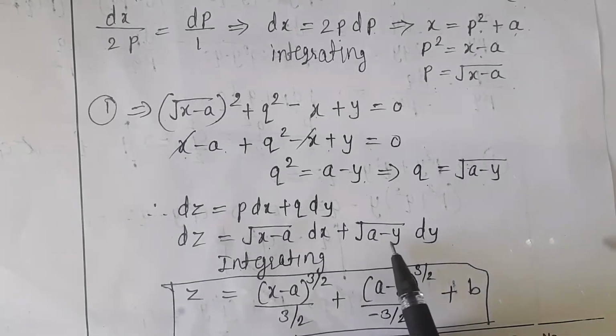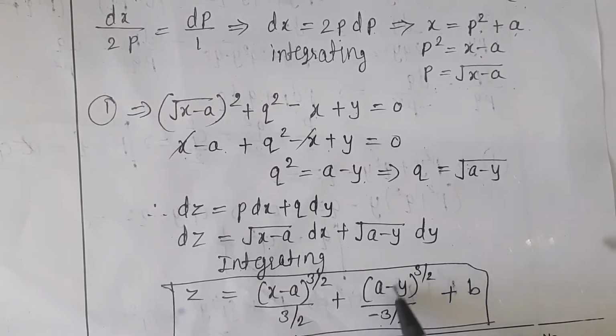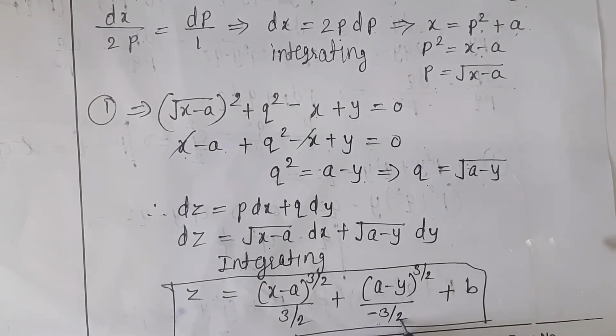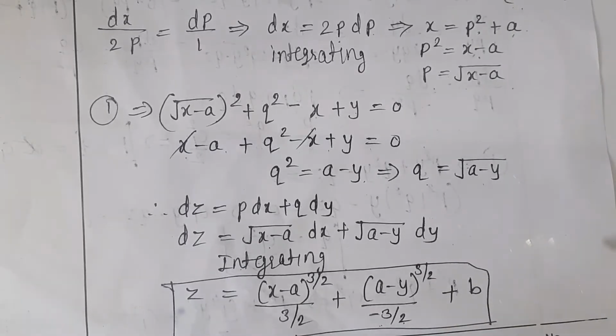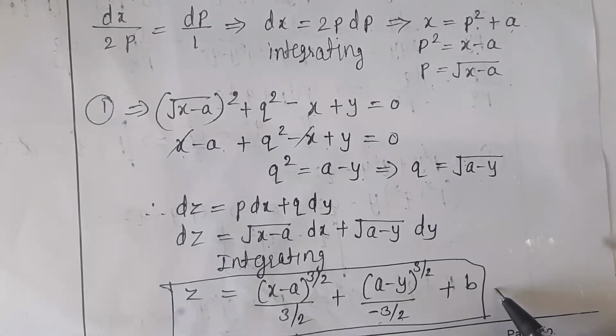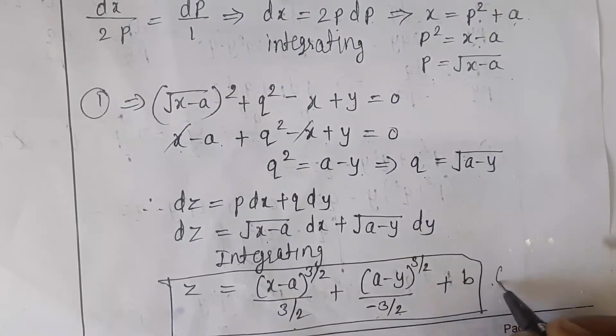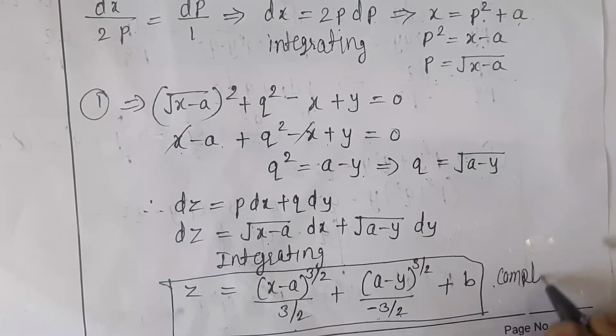Next plus integration of a minus y to the power 3 by 2 divided by the coefficient of y, that is minus 1, so minus of 3 by 2, plus constant of integration b. So this is the integration of dz, and this is the complete solution for the given differential equation.